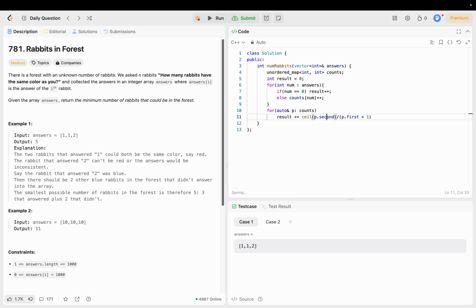But these are integers, so it will always be floor, not ceiling. It will ignore the decimals. So let's convert to double or float, and then we need to multiply with key also. This is what we saw. So this ceiling, one more bracket, and then we can return result.